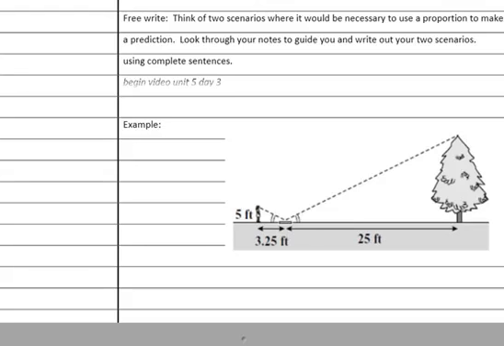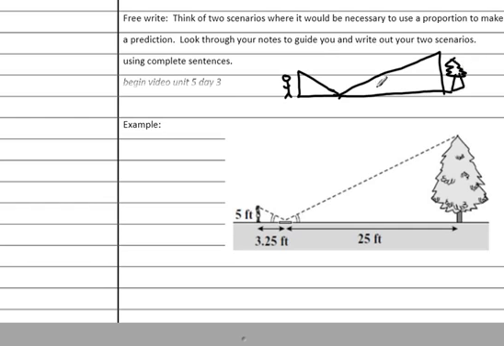Okay, so now we're going to start using similar triangles in real life problems or real world scenarios. The first picture I would like for you to try to draw, even if it looks something like this, with a little stick figure, and then something like that with a tree.